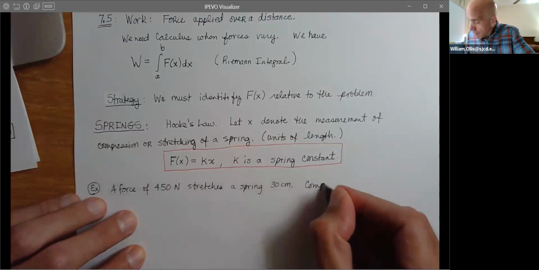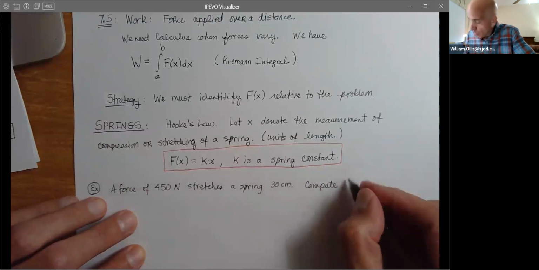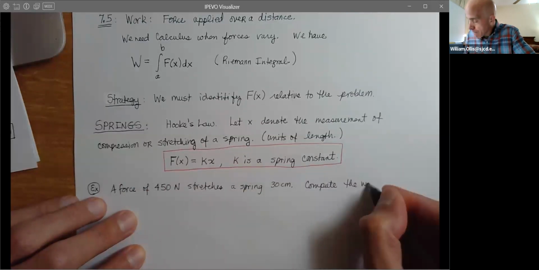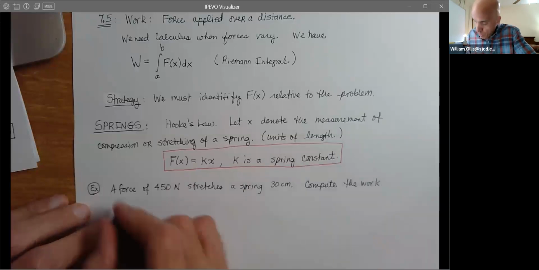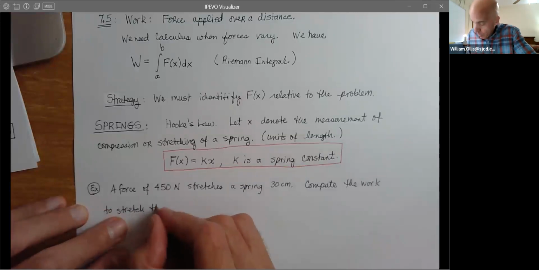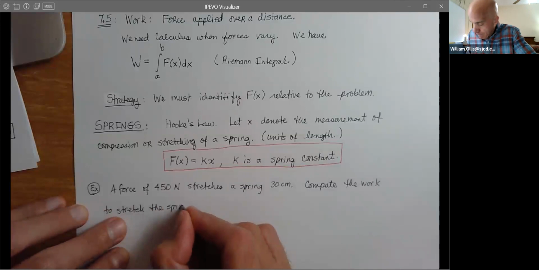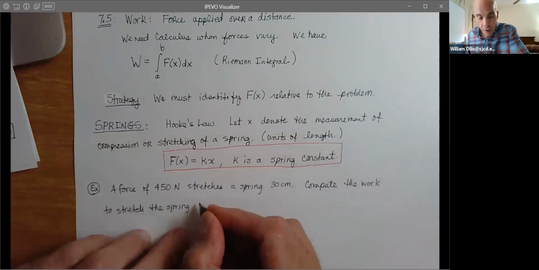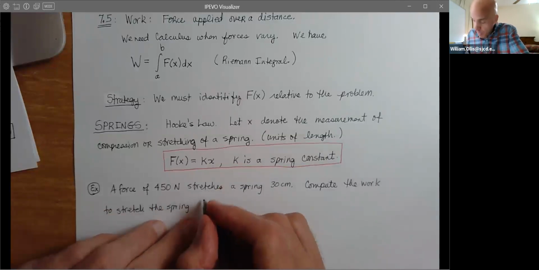Compute the work to stretch the spring from 40 centimeters to 70 centimeters.